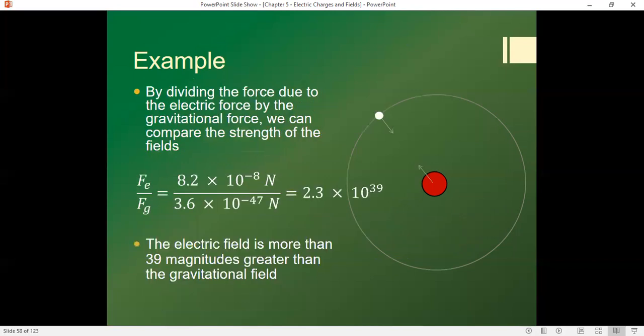And if I take the electric force between the electron and proton, and I divide it by the gravitational force, I see that I'm off by 39 magnitudes, okay? 39 magnitudes difference. That's not 39 times different.